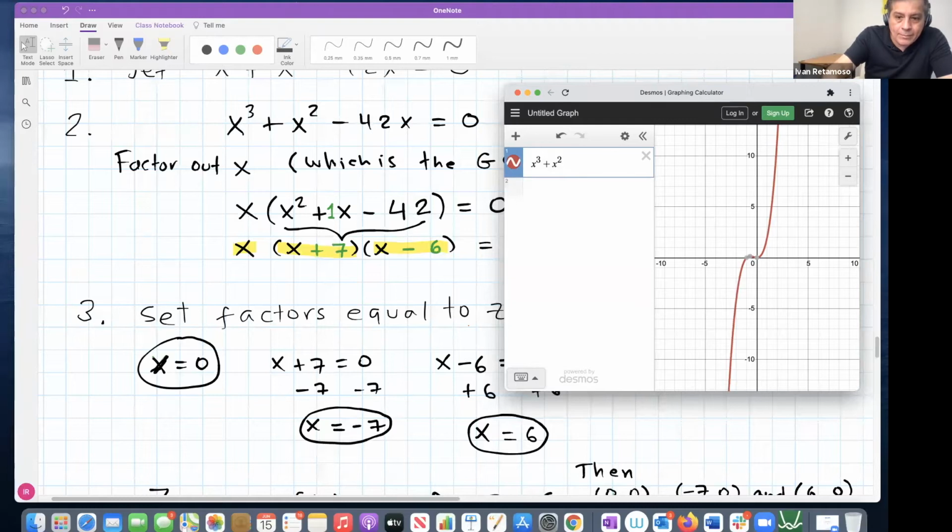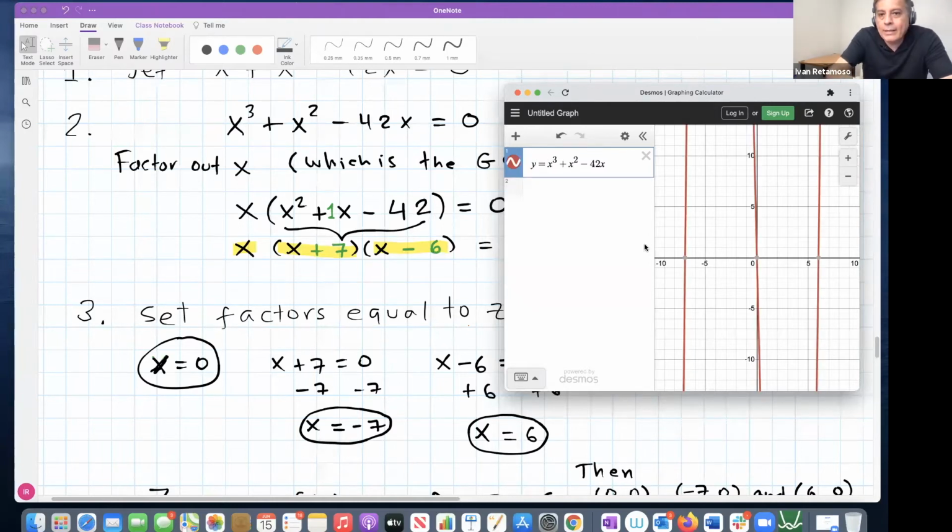So you do what I'm doing now. If you cannot factor for some reason, on your Desmos graphing calculator, do this. y equals x cubed plus x squared minus 42x. The graph is this.